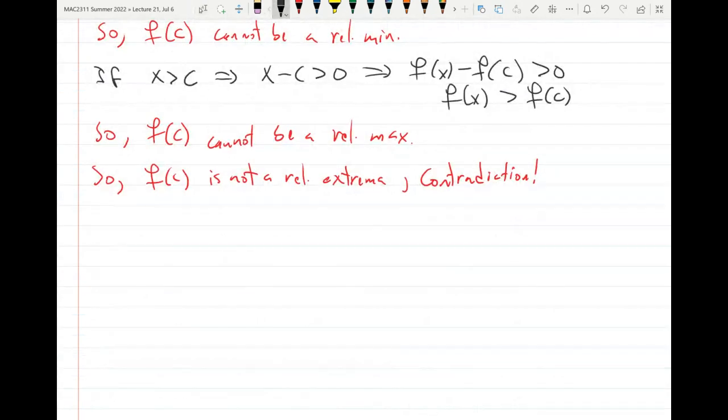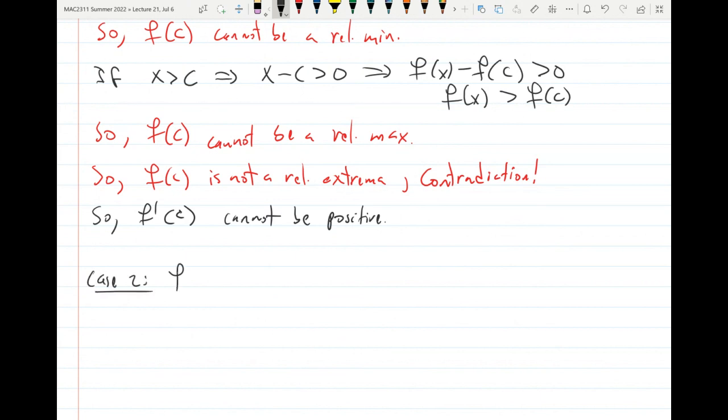So I'm just going to say case 2. So let me say, f prime of c cannot be positive. Okay, so case 2, okay, maybe it's negative. Then the thing is that here, similarly, by this I mean just a similar argument to case 1.